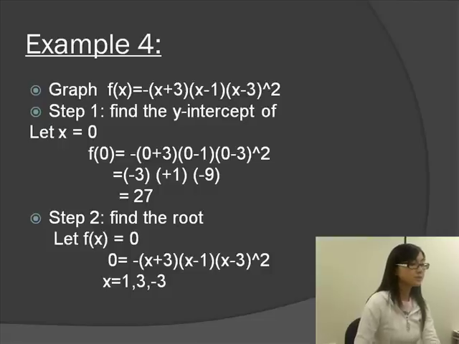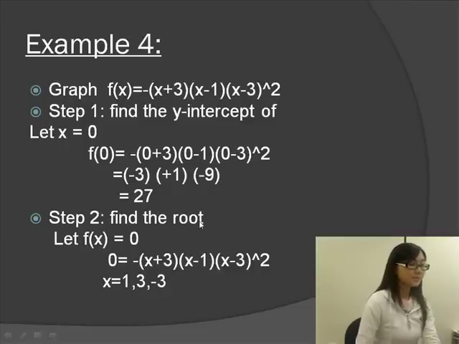So all we have to do is plug 0 in for x into the original equation and see what we get for f of x. In this case, f of 0 equals 27. So when x is equal to 0, y equals 27. And that's where the graph intersects with the y-axis.